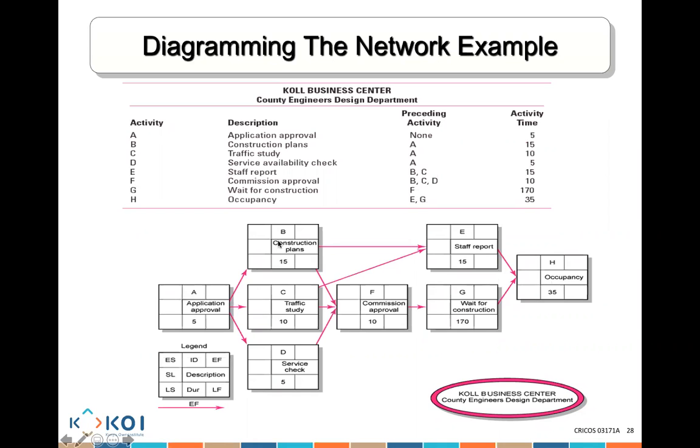If, for example, A, B, E, H is a critical path, and A, D, F, G, H only has 1 day of slack, and if that day of slack is gone, then this also becomes a critical path. So A, D, F, G, H is a sensitive path. That's why we have to really manage a path that has very little slack.